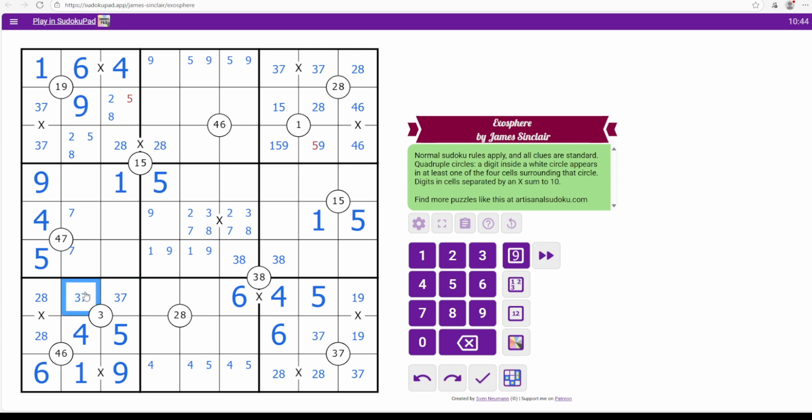Oh, if that is a 7, that means the 7 is there, that's a 3. That can't be 5, so that must be a 5. 5 there. 9 must go there. That must be a 1, 9 pair then.